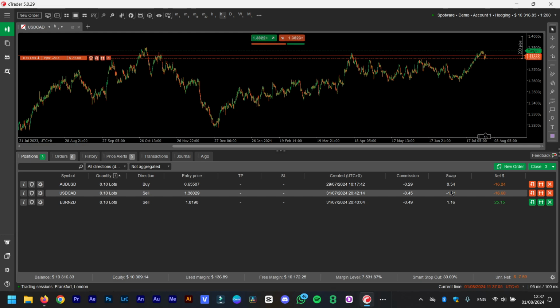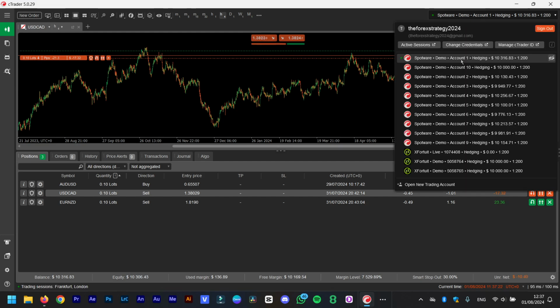And if we have 365 days, I'd be paying $365 just in swap, let alone the trade going against me as well, which could double up the loss. So that's why I need to take that into consideration.